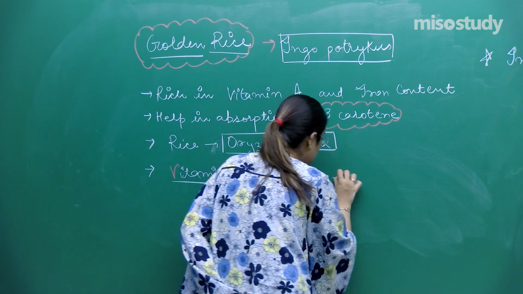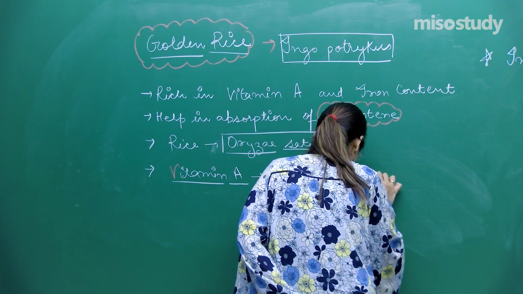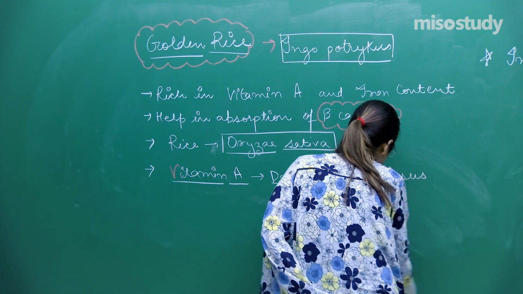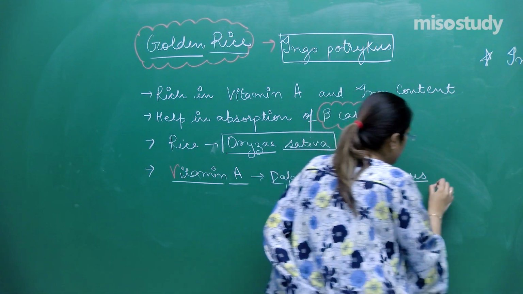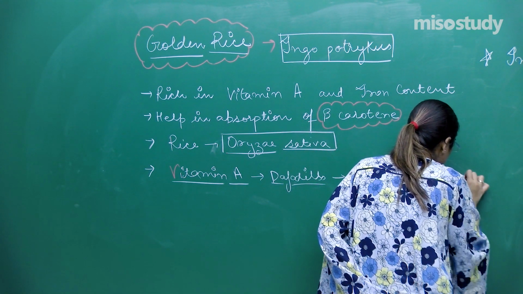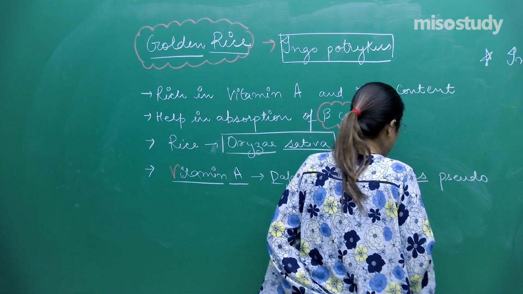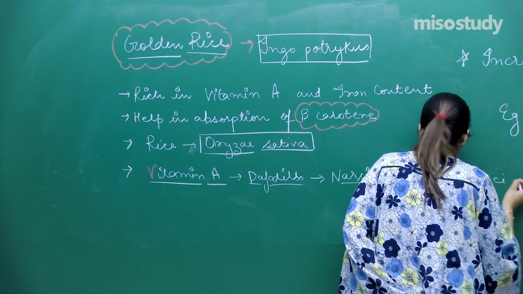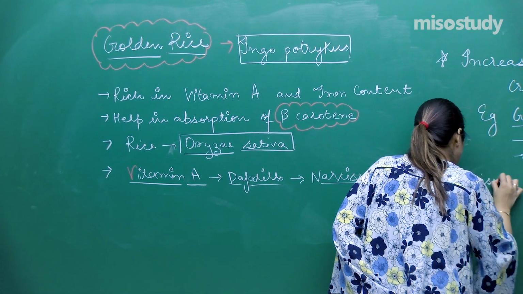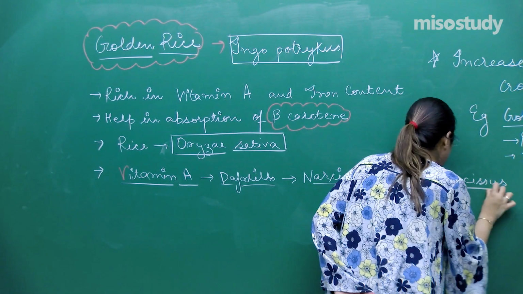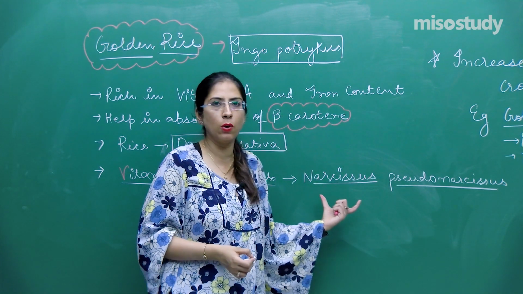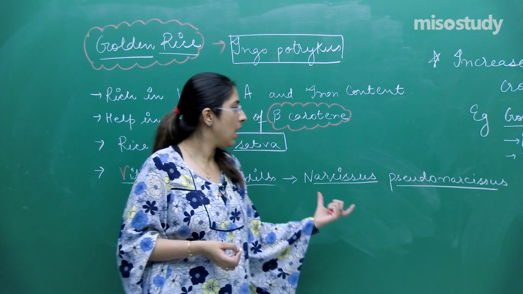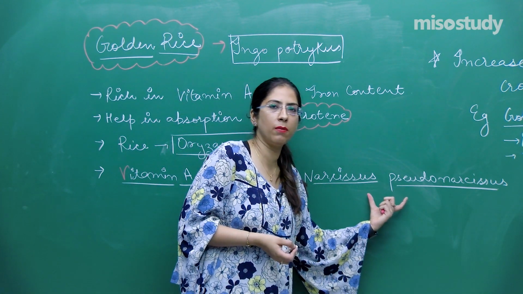That is Narcissus pseudonarcissus. This is the source of the vitamin A.